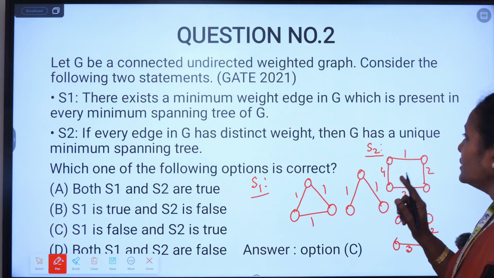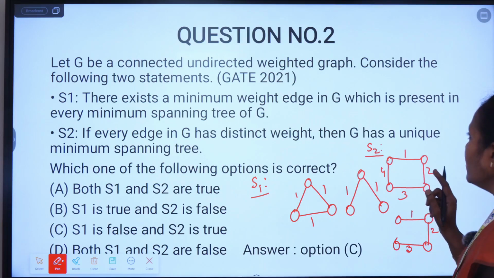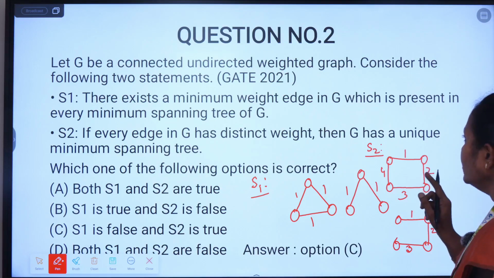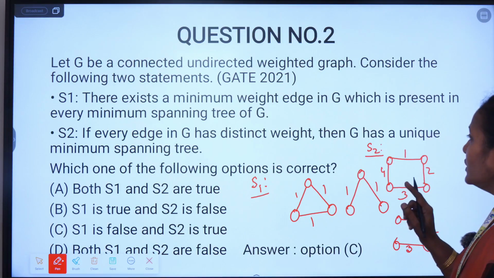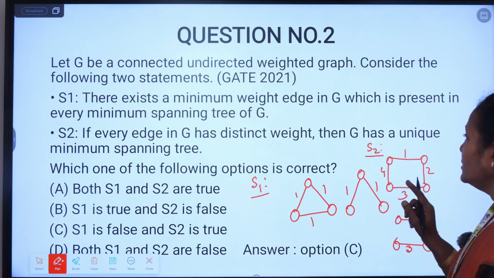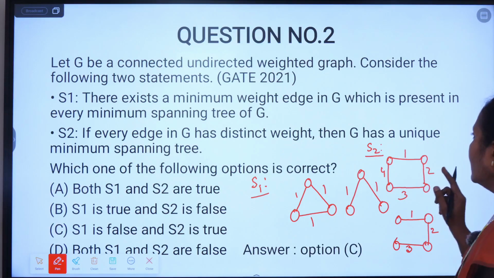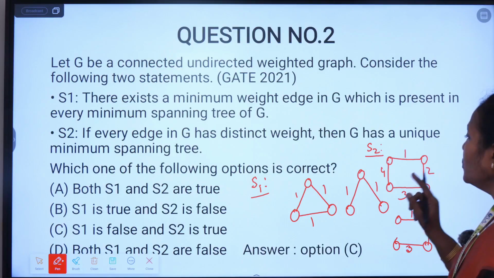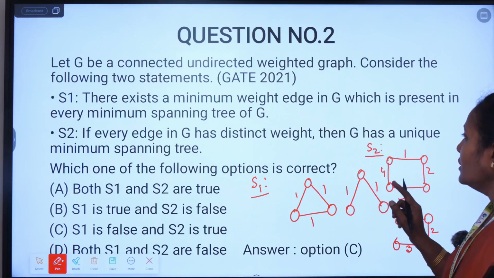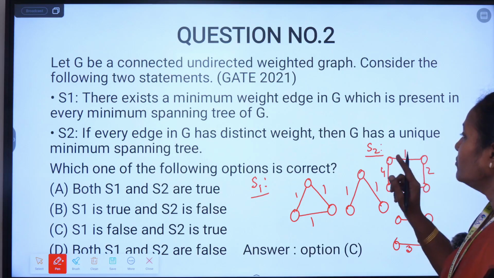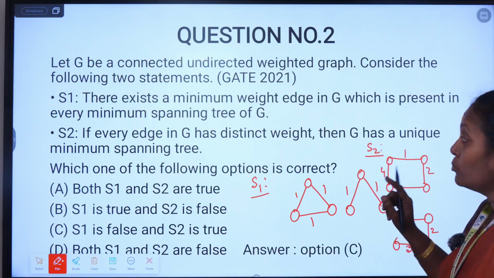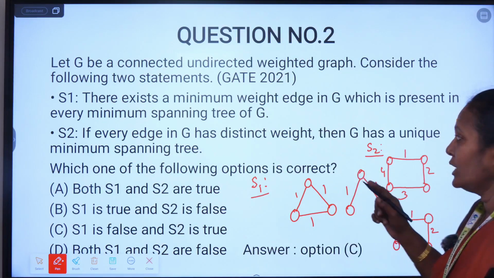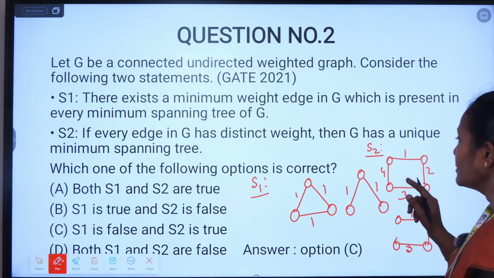First statement is, there exists a minimum weight edge in G which is present in every minimum spanning tree of G. Statement number 2 is, if every edge in G has a distinct weight, then G has a unique minimum spanning tree. So we are going to check which statement is correct, or whether both statements are correct, or both are wrong.